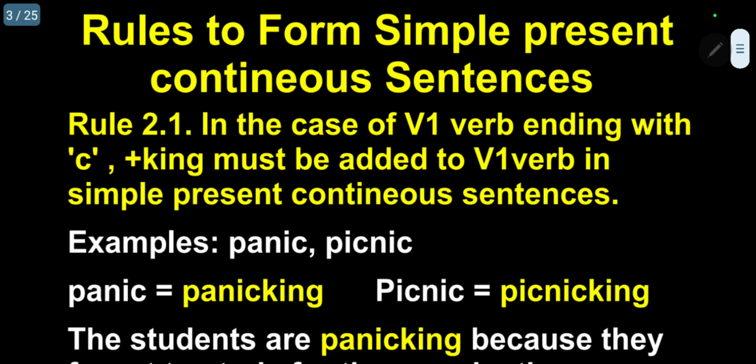King must be added to the V1 verb in simple present continuous sentences. Please follow.